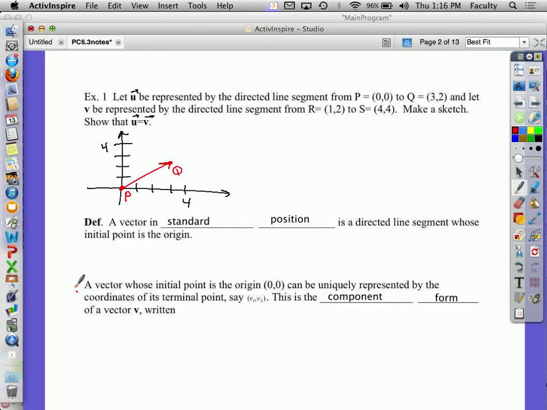Then it says I've got vector V is from R is (1, 2) to S (4, 4). So let's go (1, 2). We'll call that R. S is (4, 4).